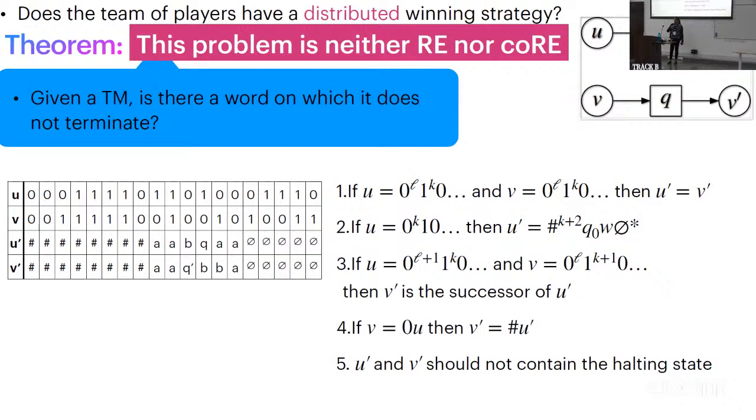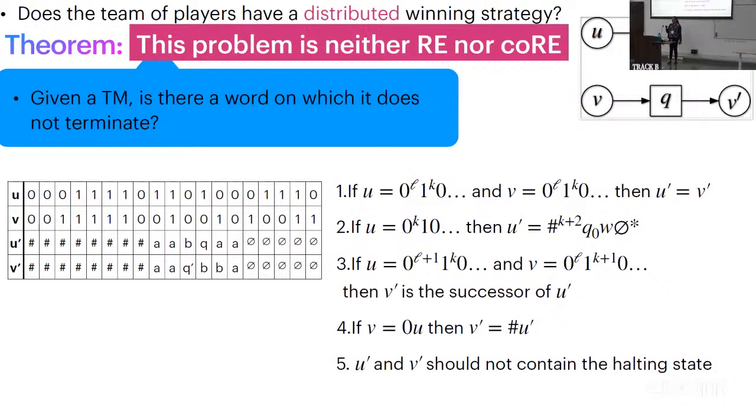So if I'm getting two ones, I should also be outputting the second configuration, because if they are the same, then the outputs must be the same. If I'm getting 3 ones, I should output the third configuration on that particular word, because of the successor relation. So on and so forth.